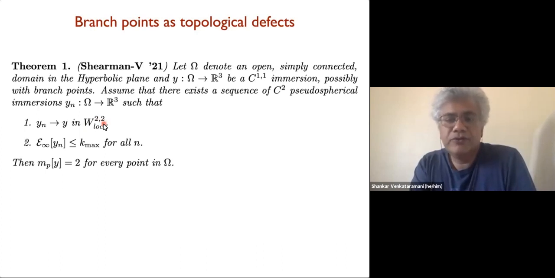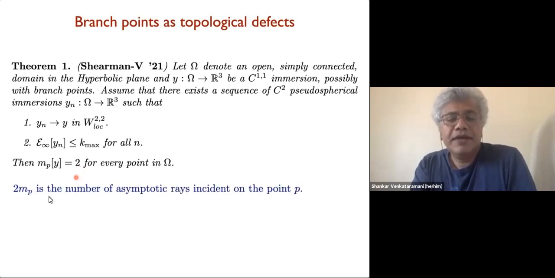I could do W22 log. If we have this notion, then this degree is stable under this convergence. So if you approximate by things which are C2, then for your limit immersion, your MP should be 2 at every point. So that means you don't get branch points.